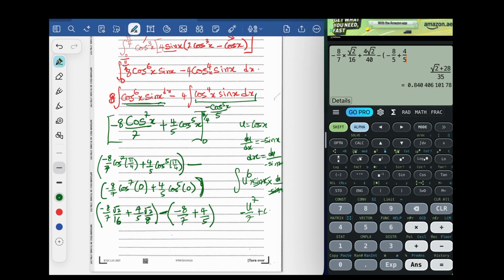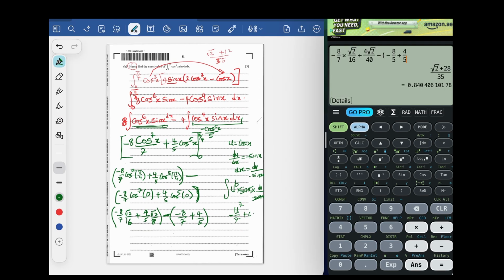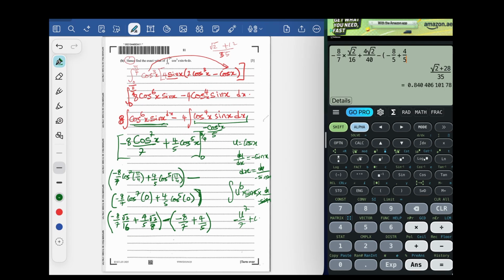So that gives me roots. Let me see, root 2 over 28. Did I miss anything? So minus 8 by 7, 4 root 2 over 40, minus 8 root 2 over 16. Okay, then 8 by 7 plus 4 by 5. I hope I didn't miss anything. I suppose we already know the answer, right?